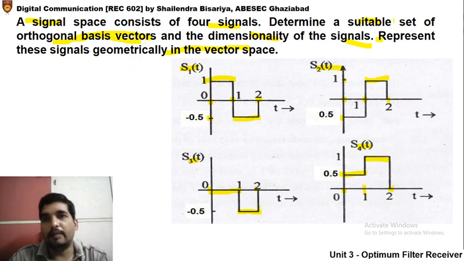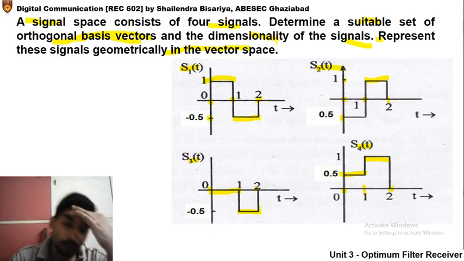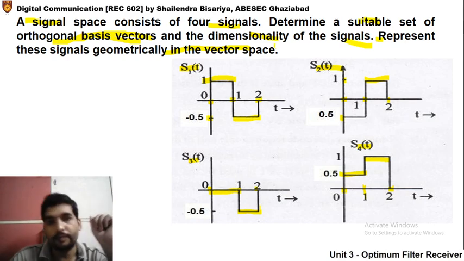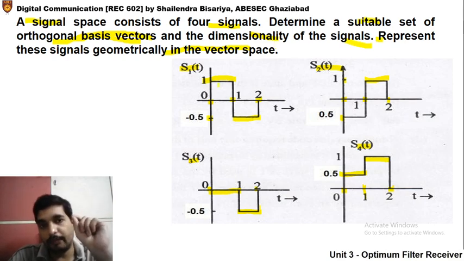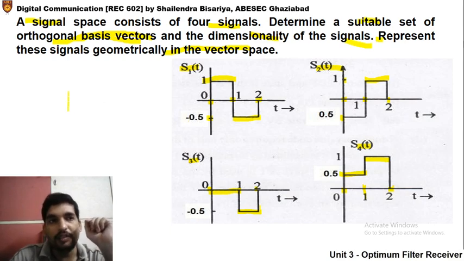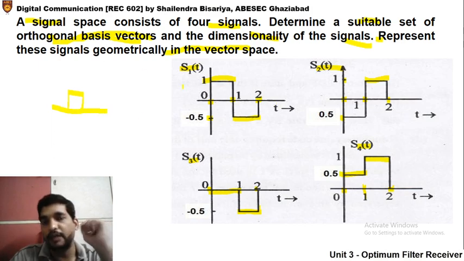We also need the dimensionality of the signals. Think about which type of signal we can use to make these signals. Obviously it will be something like a rectangular signal, but they are saying orthogonal basis vectors. So let's see the solution.